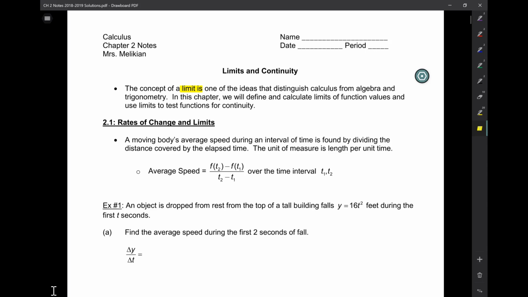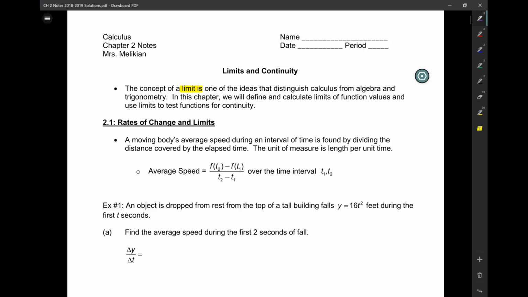Okay. So in this chapter, we're going to define and calculate limits of function values. And then, like I said, we're going to use them to define and test for continuity. Okay, let's start with rate of change. A moving body's average speed, right? Average speed, we know this, is found by dividing the total amount of distance covered by the total length of time.